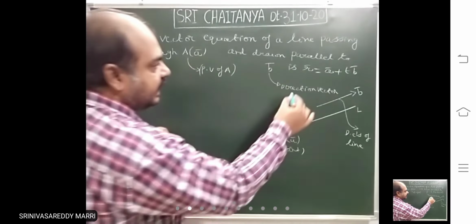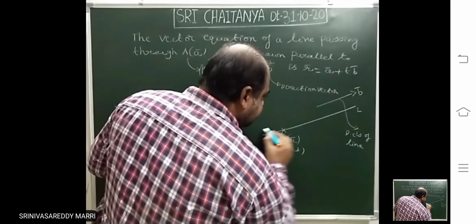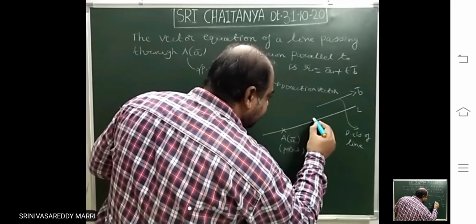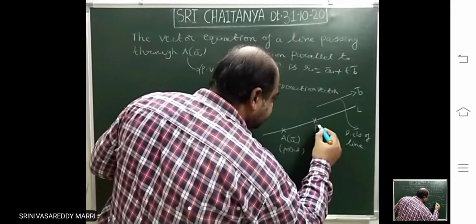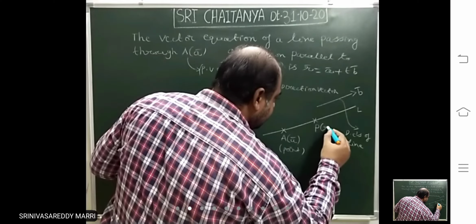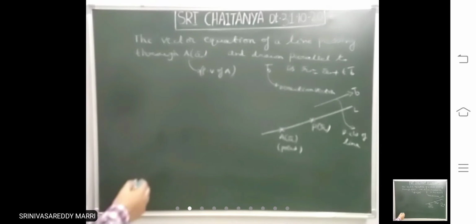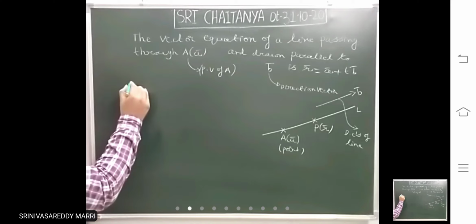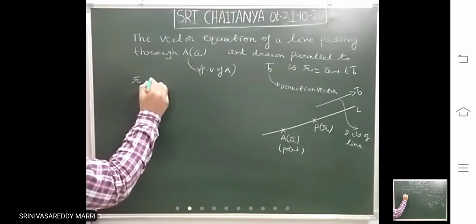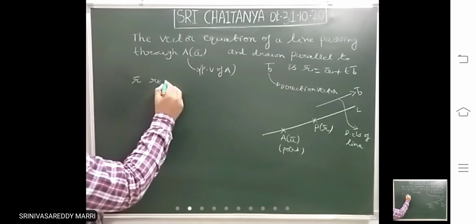Here I have told, R bar is nothing but there are a number of points on the line. Any point on the line will be represented by R bar.